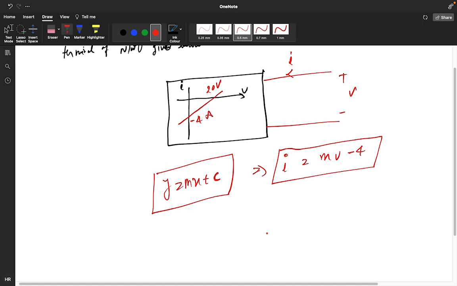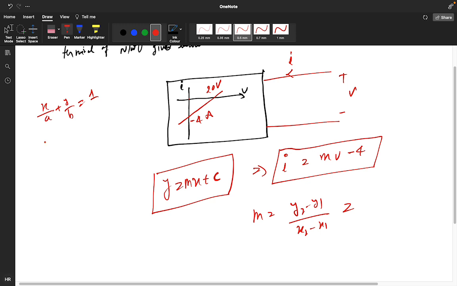So what is the slope? Slope m is y2 minus y1 divided by x2 minus x1. Or you can directly write the equation like this also: x by a plus y by b is equal to 1.